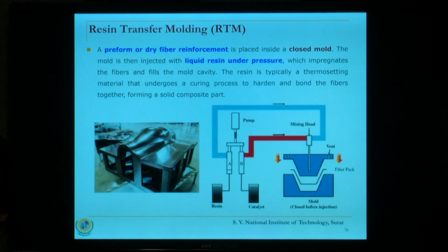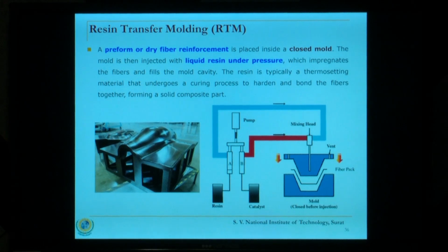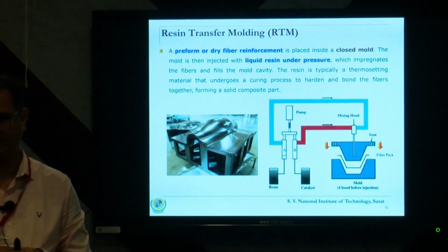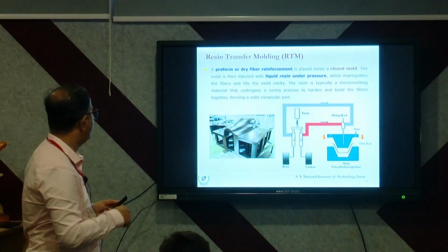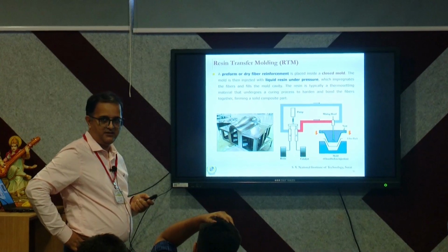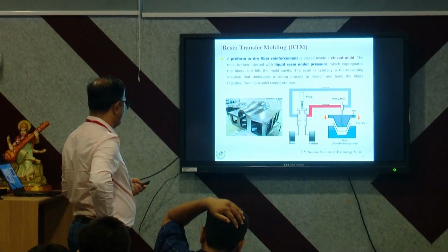So if it is under pressure, it will definitely pass through each and every corner of it, and it will not leave any space which does not come into contact with the resin. So to avoid that, you always need to pass this liquid resin under a specified pressure inside a closed mold.